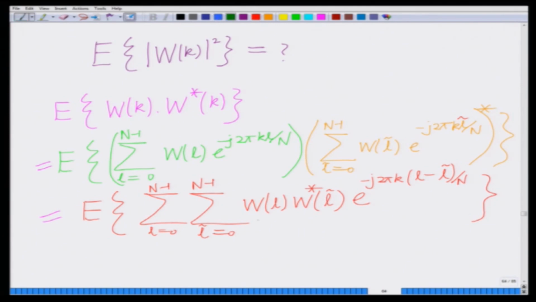And now if you look at this inner expectation, the expected value of w(l) times w conjugate of l tilde, we already said that the noise samples w(l) and w(l tilde) are independent, therefore uncorrelated.